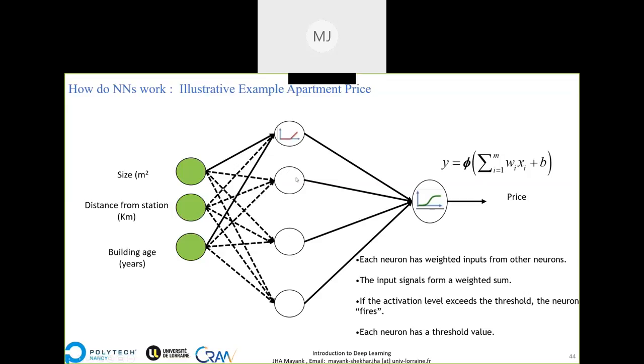Right. Do we have some questions here? Sir, is each node related to each other in some way?